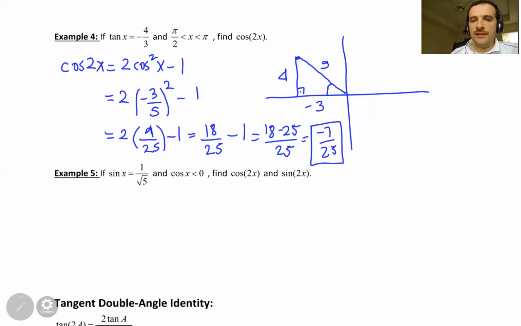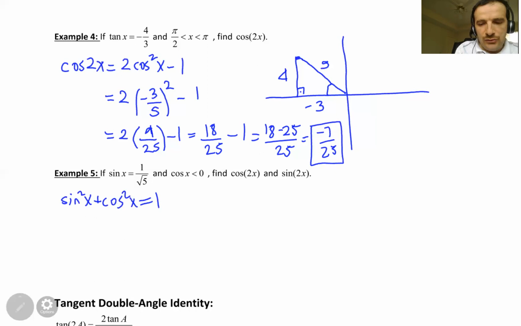How can I find cosine x? Sine x is given, so I can draw the triangle if that's useful, or I can use the identity, the most famous identity: sine squared plus cosine squared is equal to 1. Let me use the identity this time. So sine squared x plus cosine squared x is equal to 1.